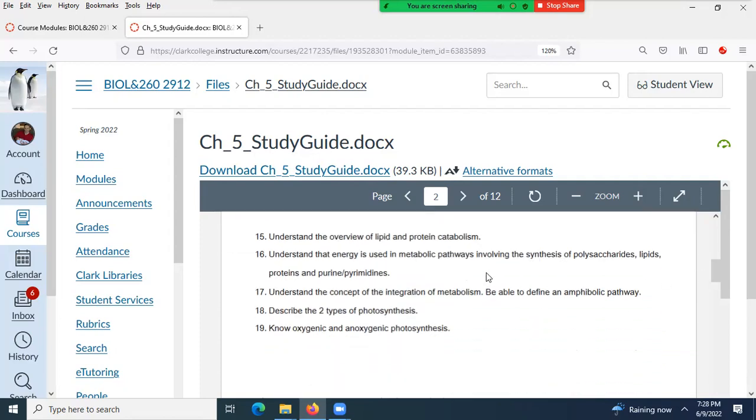All right, you should understand the overview of lipid and protein metabolism, because these molecules can be digested to make ATP, but for most of us couch potatoes, we will convert these molecules to carbohydrates and then utilize the carbohydrate to make ATP.